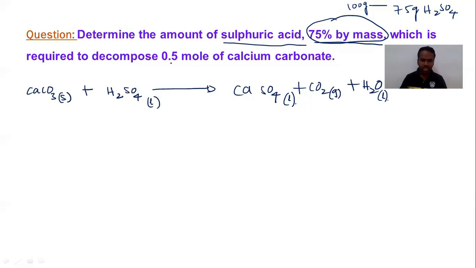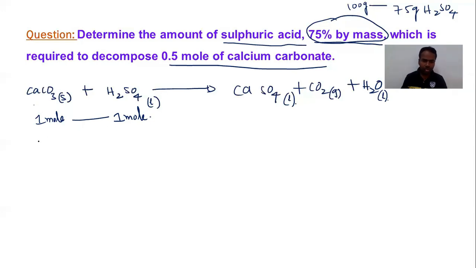Now, because they are asking for moles of calcium carbonate, first we need to derive the mole relationship. I want the relation between only CaCO3 and H2SO4. Here 1 mole of CaCO3 reacts with 1 mole of H2SO4. So both are 1 mole.